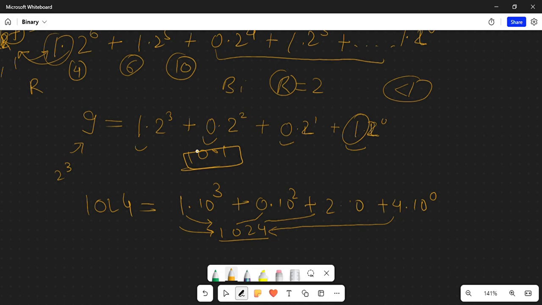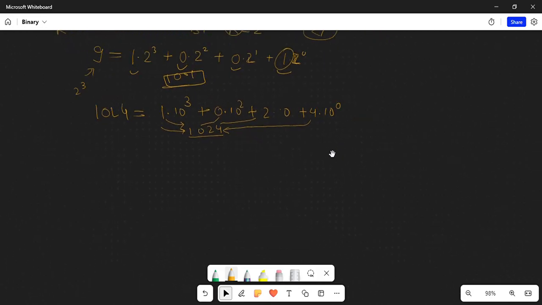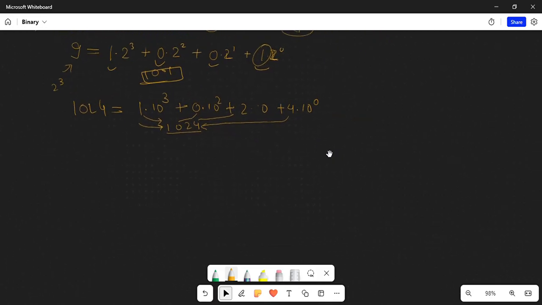This is the normal method, but the problem is when we go on to convert larger numbers. For example, if we have to convert, let's say, 5031, this would be problematic.